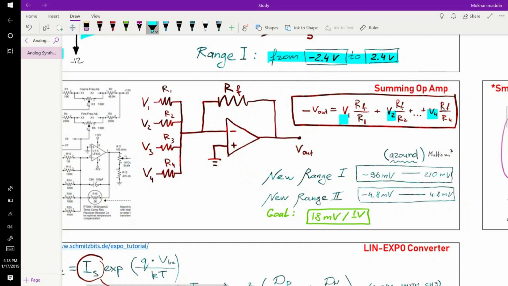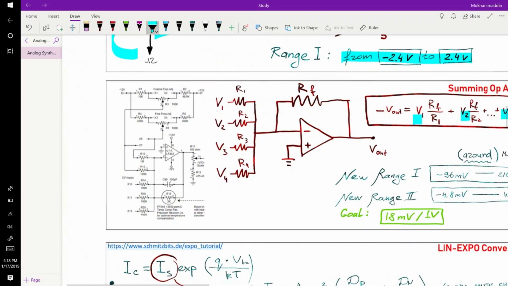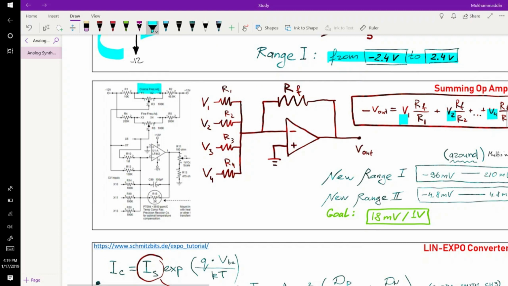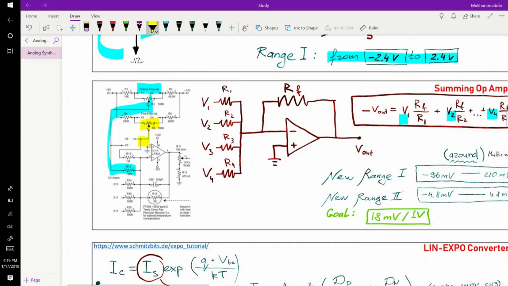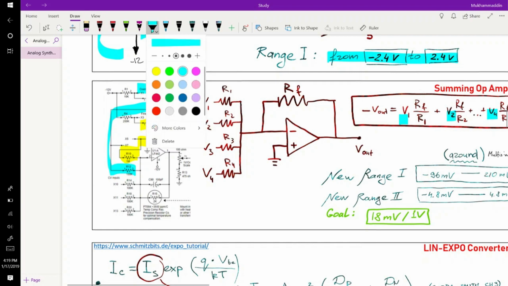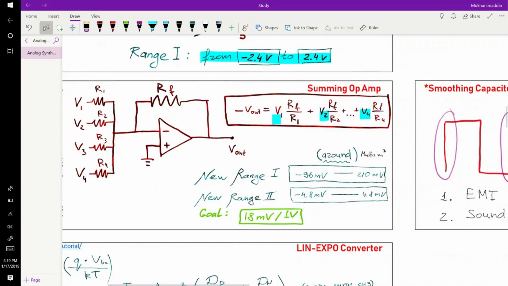Now, why is that important? Because our coarse frequency adjustment is connected through a 100k resistor, and our fine frequency adjustment is connected through a 1 megaohm resistance. Now, if you look at the formula, the bigger your resistor at that branch, the less will be the contribution of that specific voltage.